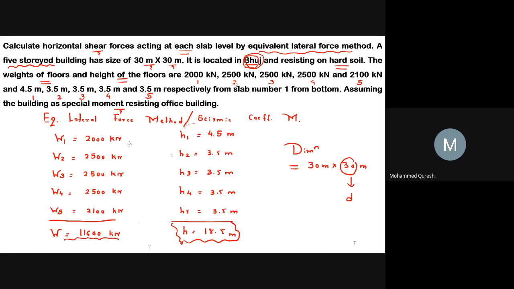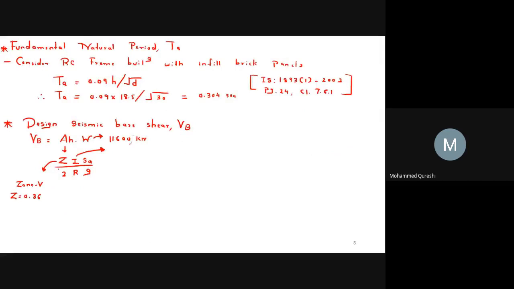So here the importance factor I for an office building is given in the IS code as 1, and the response reduction factor, considering SMRF, the value of R will be equal to 5, and SA by G depends on the type of soil and the fundamental natural period TA.